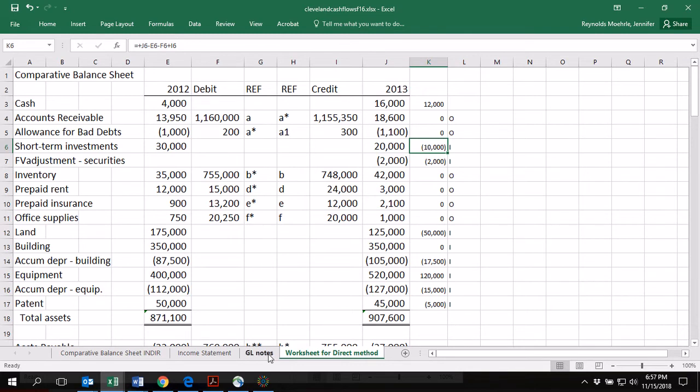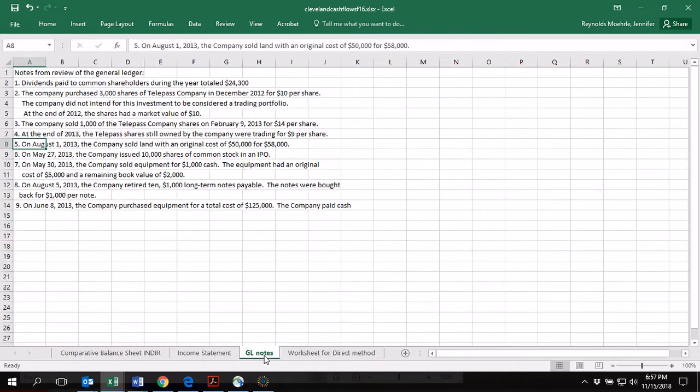Okay, so in the investing activity section and the financing activity section, we're going to use the general ledger notes and our balance sheet and our income statement to figure things out. Okay, so looking for any type of information about a short-term investment or an investment.